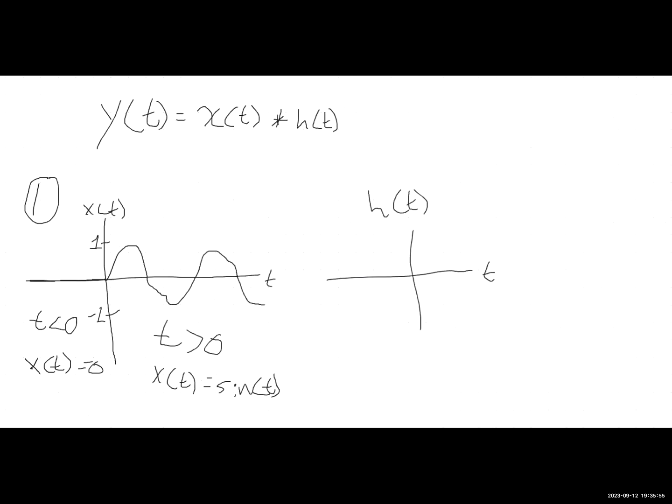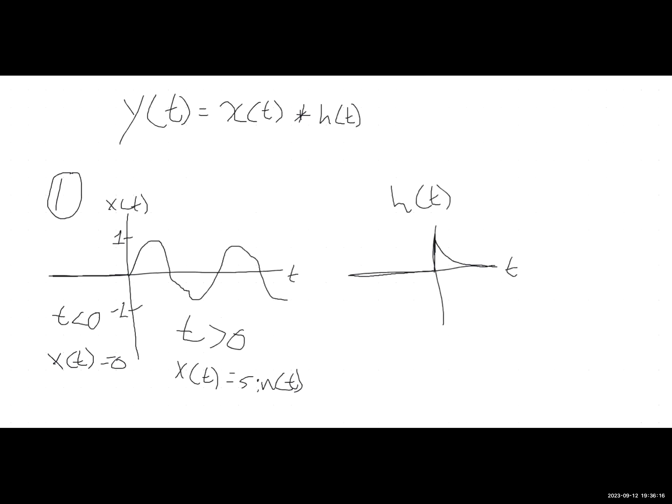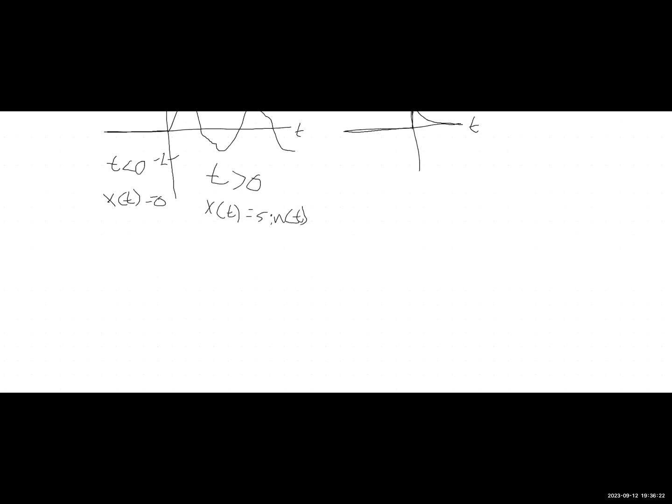Now for our h of t, it's equal to e to the minus 3t times u of t. So once again, we're going to have 0 before 0. And then it's going to become e to the minus 3t, which is going to look something like this. It's not super important you have exact values, just an idea of what the function is going to look like. So now we're going to go to step 2.